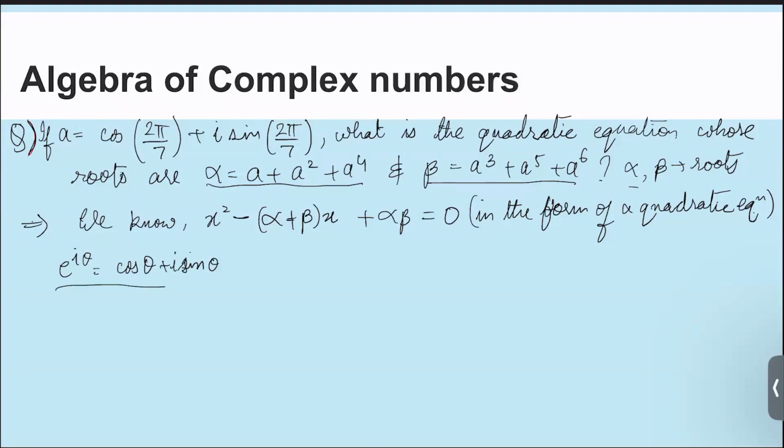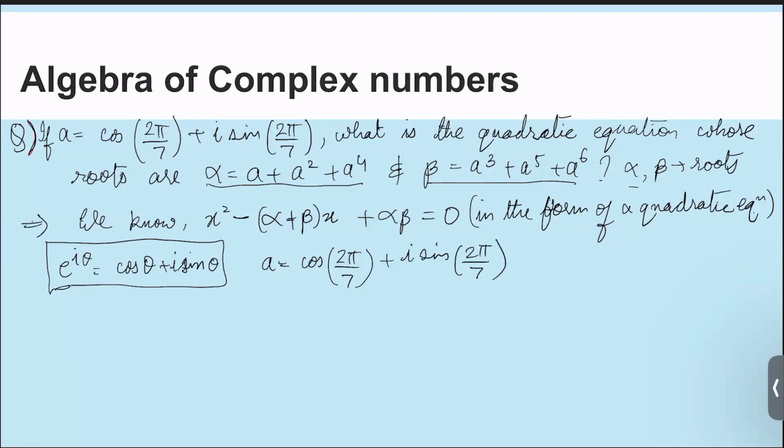This is a rule that we already know. So over here we are getting a is equal to cos 2 pi by 7 plus i sine 2 pi by 7.